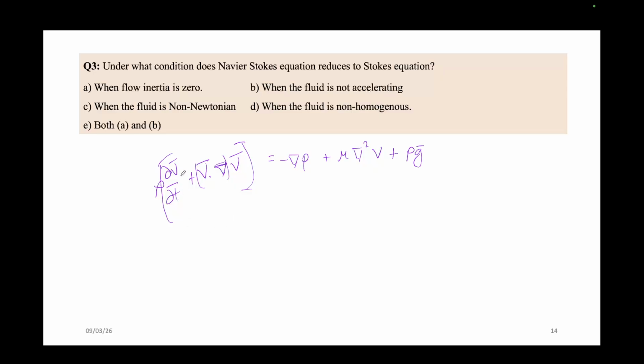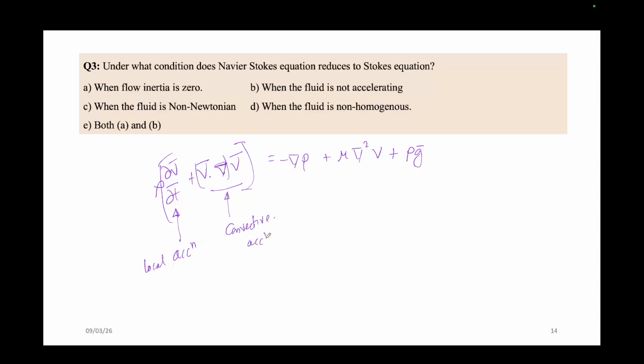Forgetting about this, what is dv/dt? The rate of change of velocity with time. So this is your local acceleration, and this term is also acceleration, but this is your convective acceleration.